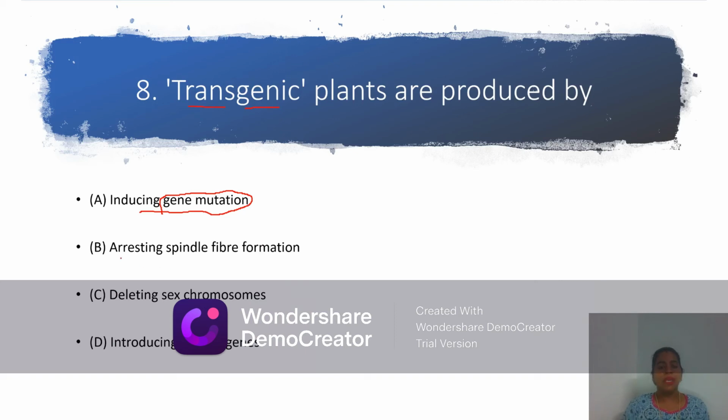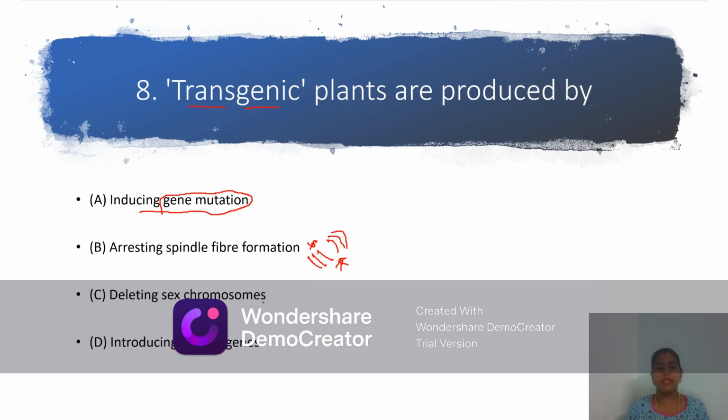That's wrong. Arresting spindle fiber formation. So at the time of cell division, the spindle fibers are getting arrested. No. If you are doing something at the time of cell division, you will not get any transgenic plants. That's wrong. Deleting sex chromosome.